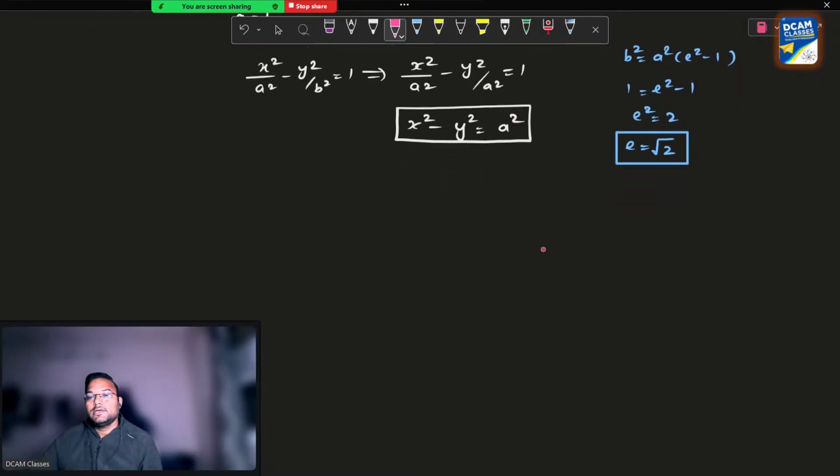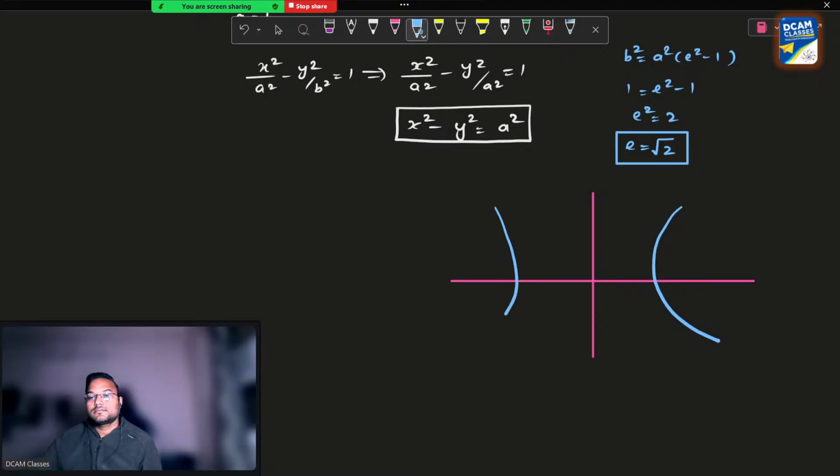If I try to show it, this hyperbola will be represented like this, where this length and this length are equal. Okay.